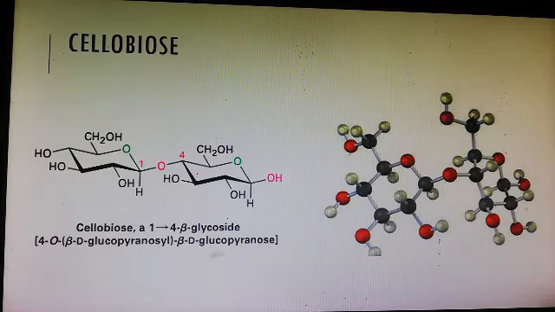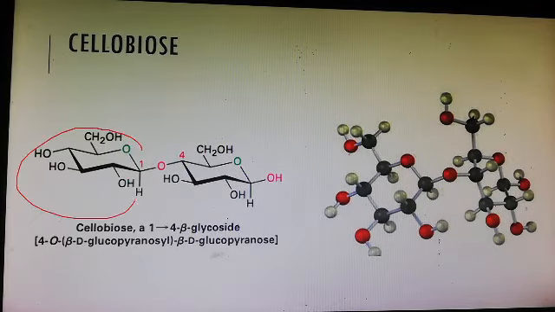So, meron naman tayong cellobiose. So, cellobiose is the disaccharide obtained by partial hydrolysis of cellulose consists of 2 beta-D-glucopyranose units joined by a 1-4 beta-glycoside bond. Ito siya. Beta.